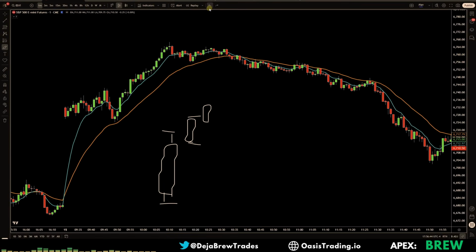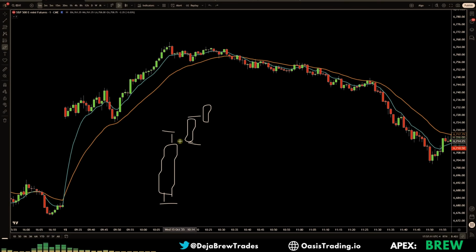If there is too much open air between your price action and your EMA, that is not really a good thing, especially if it's on an aggressive average like an 8 EMA like this. So if you have a lot of open air between you and that 8 EMA, it is probably extended, and I probably do not want to be trading as a buyer that far away from the most aggressive buy value, right?